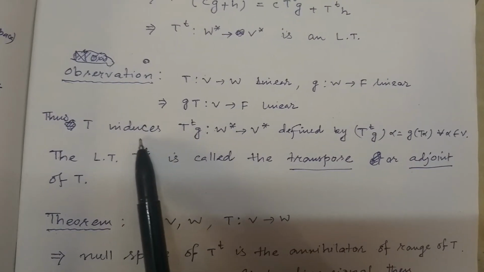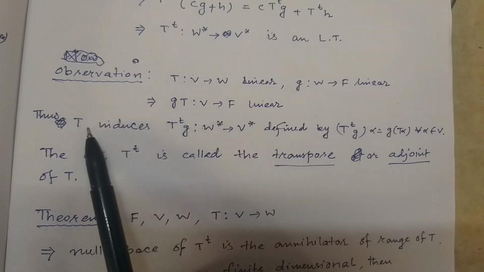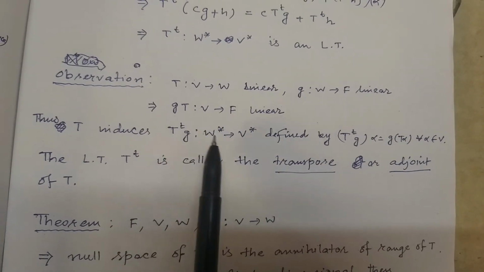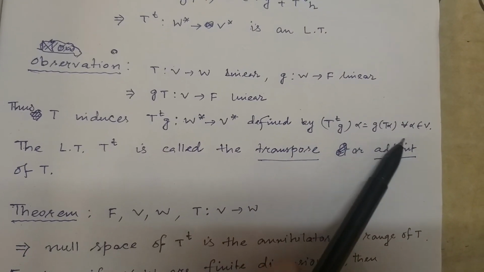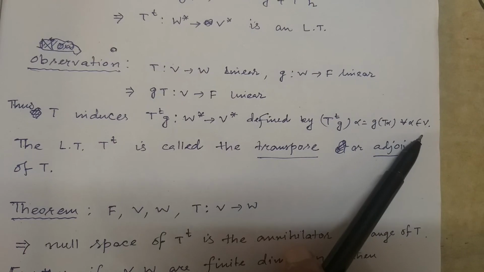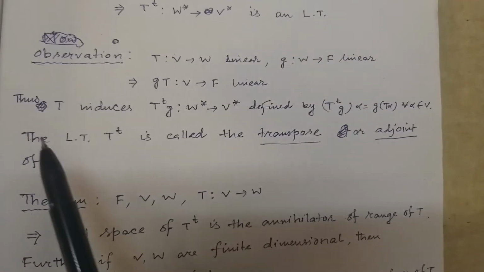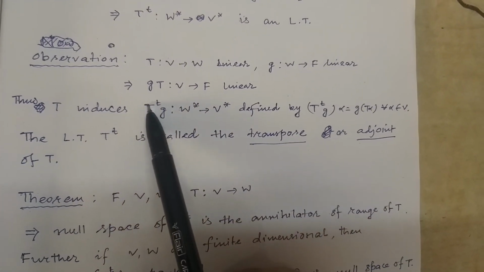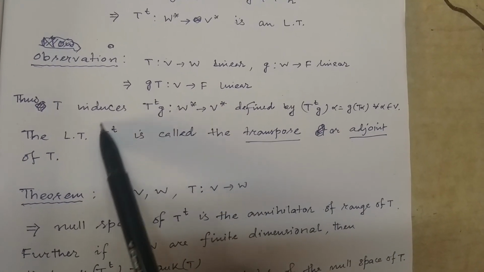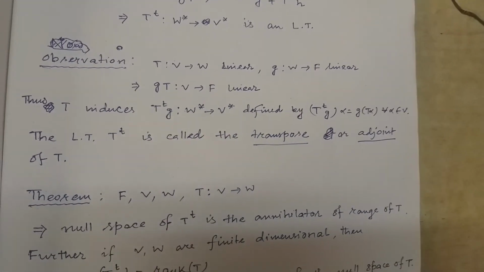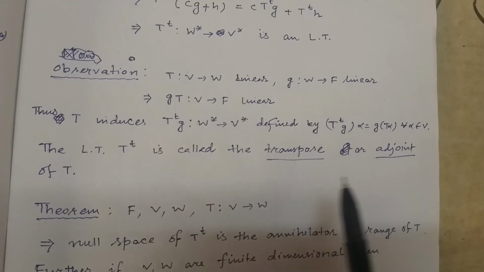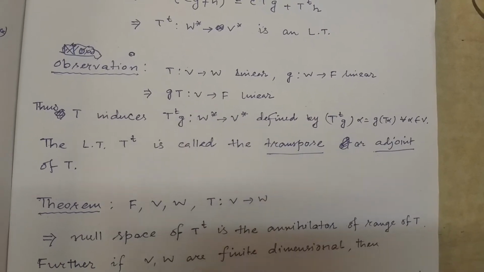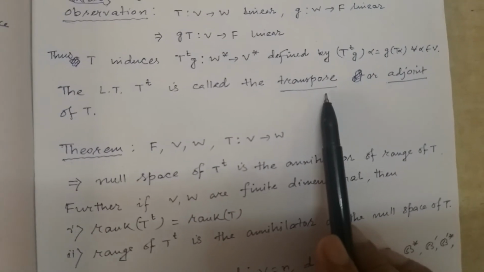Thus T induces T^t G. That means for any T we are getting T^t G from W star to V star, which is defined in this way: T^t G of alpha equals G of T alpha for all alpha belonging to V. So for each T we are getting T^t, which is called the transpose of the linear transformation T. It is also called the adjoint of the linear transformation, but usually we will use the term transpose. Clear? And this is defined for any arbitrary vector space.